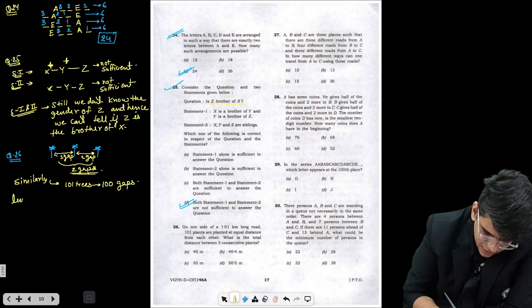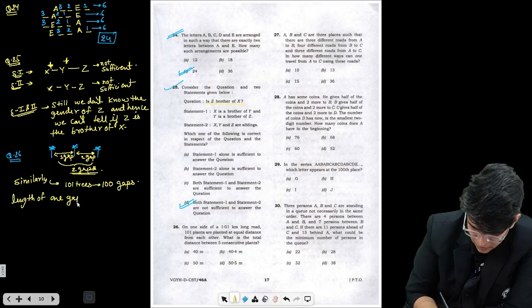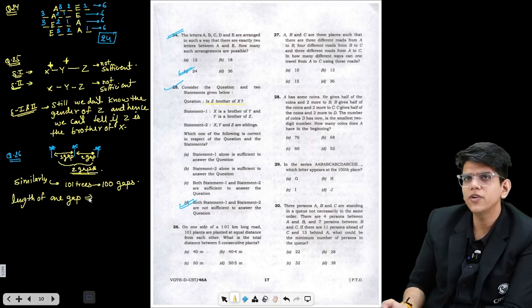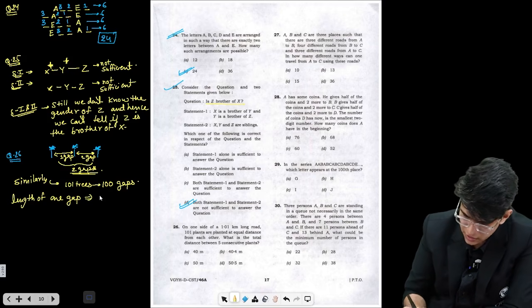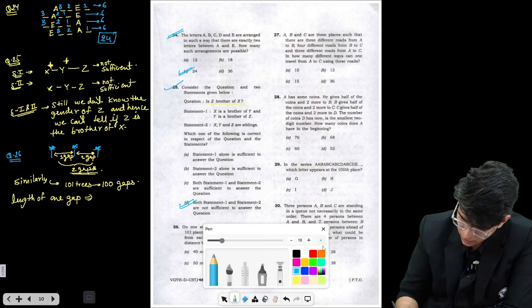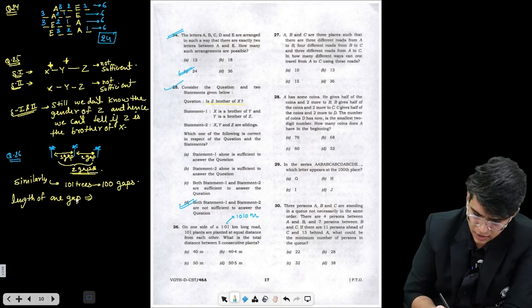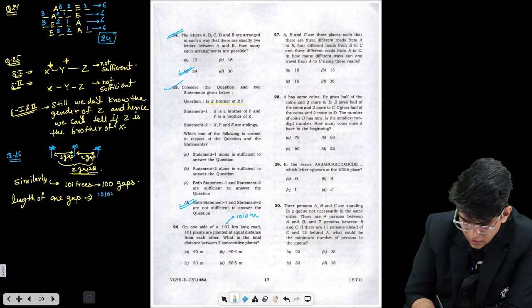Now the length of one gap. From the question, the total length is 1.01 kilometer, which is nothing but 1010 meter, right? I can write the length of gap as 1010 meter upon 100 gaps.